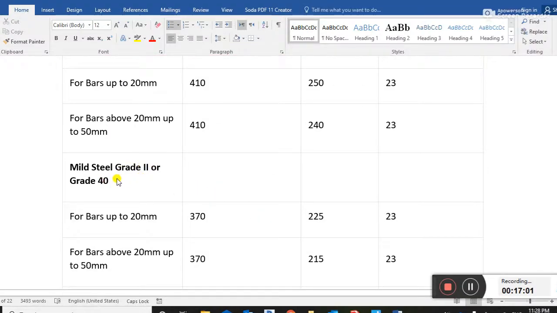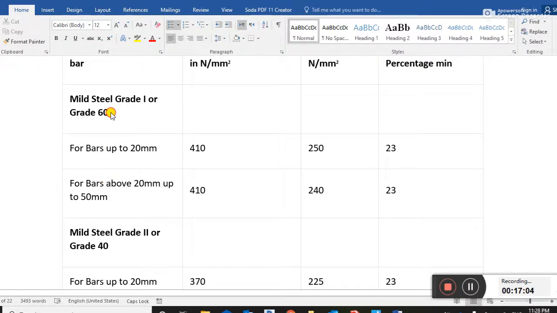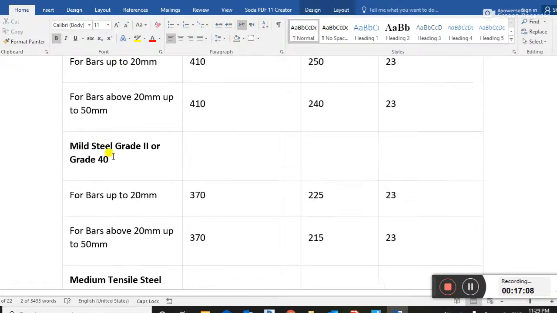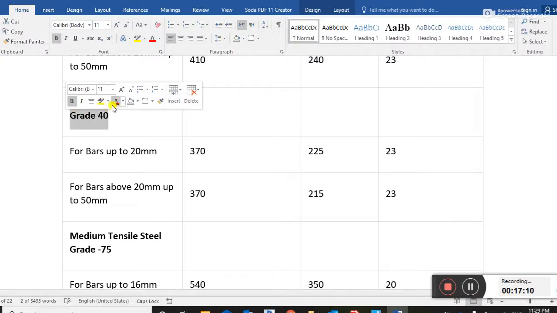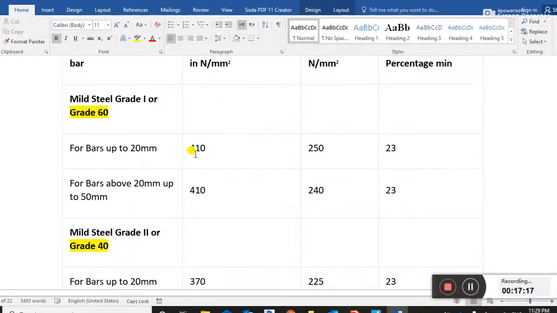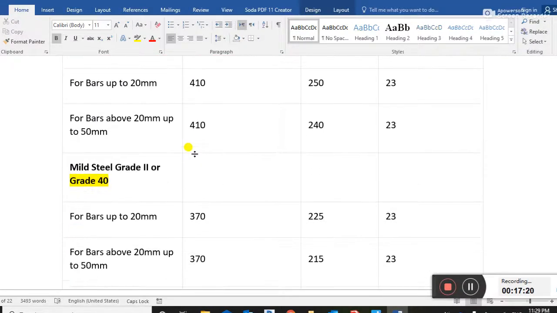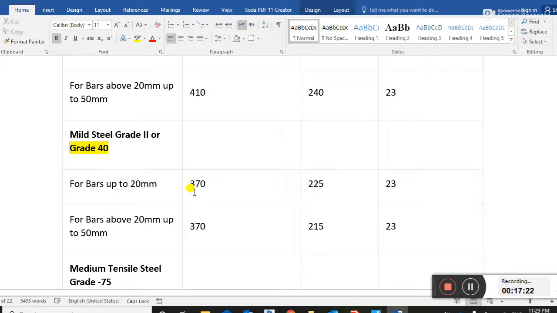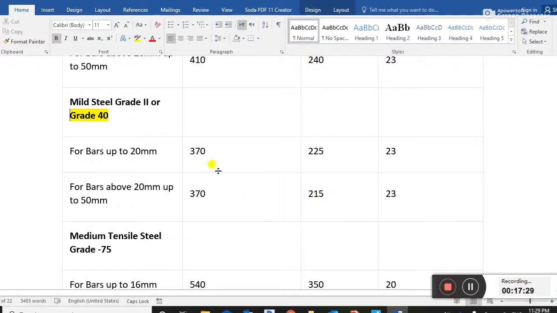Mild steel grade 2 or grade 40. Guys, this was grade 60. Remember, this is for grade 60 and this is for grade 40. Guys, for bars up to 20 millimeter, the ultimate tensile strength is 370 and yield strength is 225 and percentage of elongation is 23%.